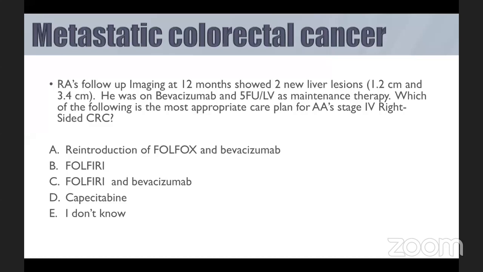So for the final case, we have this patient, RA. After a follow-up of 12 months, he showed new progression in the liver region. But this patient was kept only on Avastin, bevacizumab, and 5-FU with leucovorin as maintenance therapy. This is one of the things that physicians do.